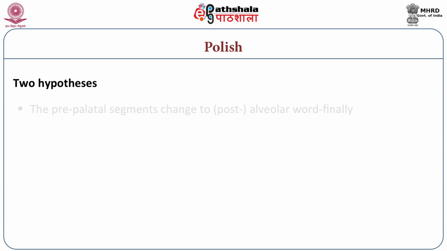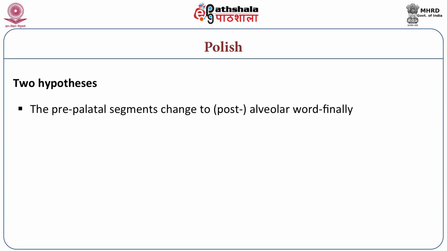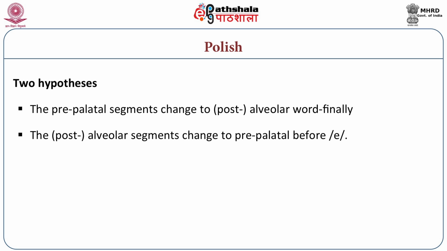Now again, the two possible analyses, we either assume that the pre-palatal consonants are the underlying consonants and that the alveolar, post-alveolar consonants are the derived ones, or the opposite, that is the alveolar consonant is the basic underlying and pre-palatal consonant is the derived. Now notice that in this case, it is difficult to find counter-evidence.